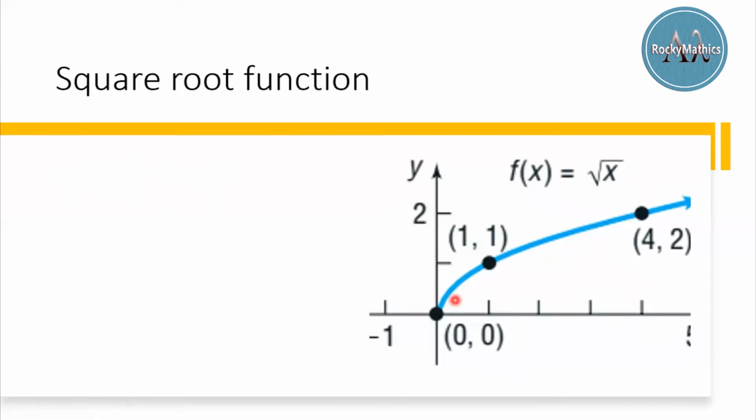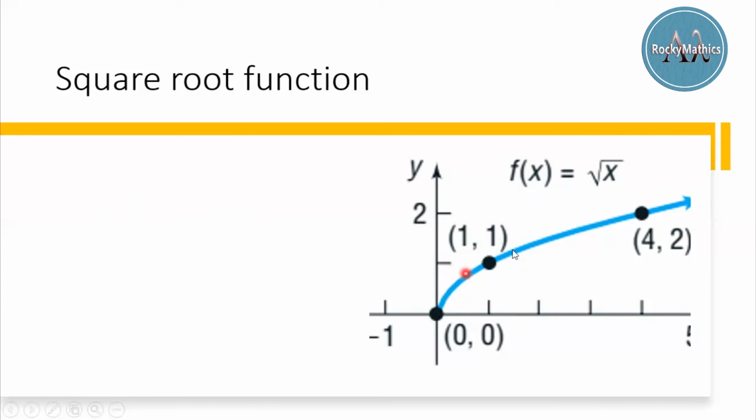We already tackled that one when we discussed domain. Now, if x is equal to 0, the y value is 0. If x is equal to 1, the y value is 1. If x is equal to 4, the y value is 2. But if x is negative 1, we get an imaginary number, so it's no longer a real number. So it's undefined.